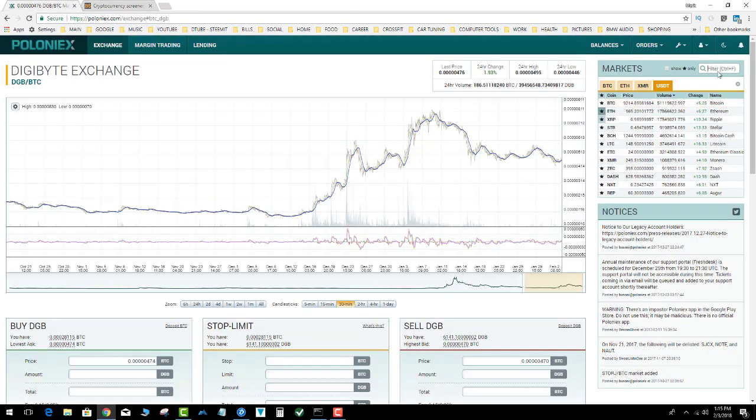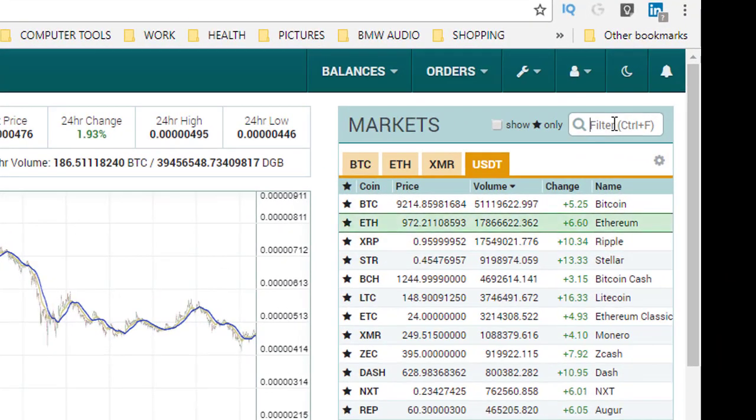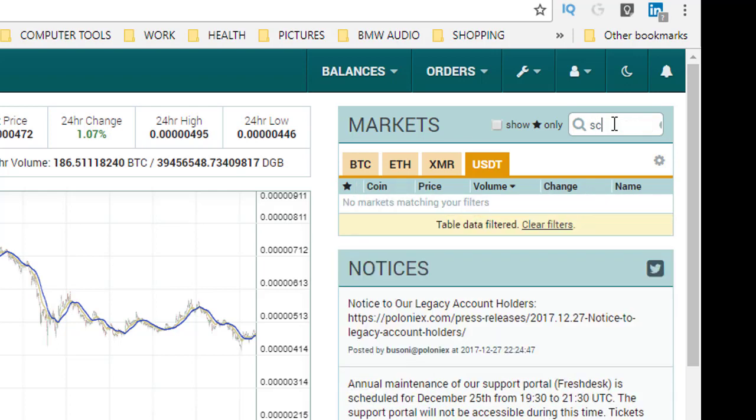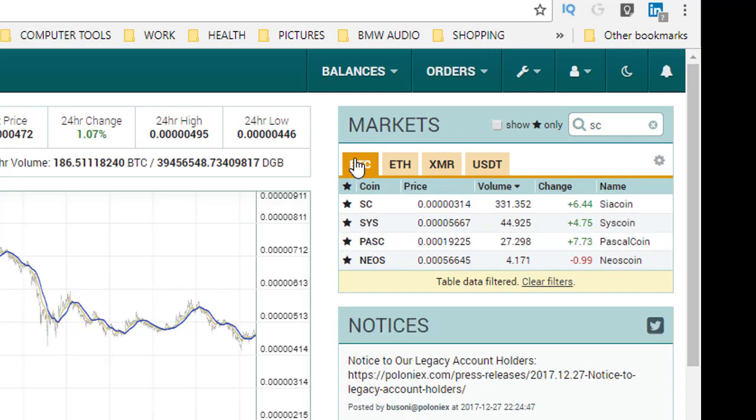So we want to find out if that coin is traded on this exchange. I type in SC for Siacoin, and this shows that Siacoin is not available as a Tether swap. Remember, you're trading these coins to swap for other coins. Not in the XMR, not in the ETH. Oh, so it looks like on this exchange you can buy Siacoin on the BTC market.